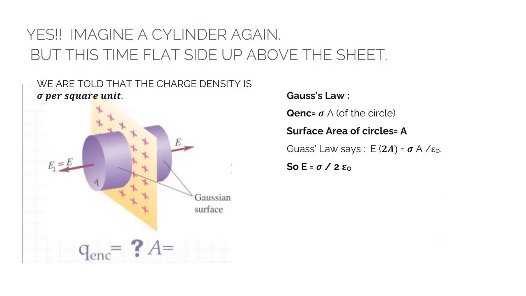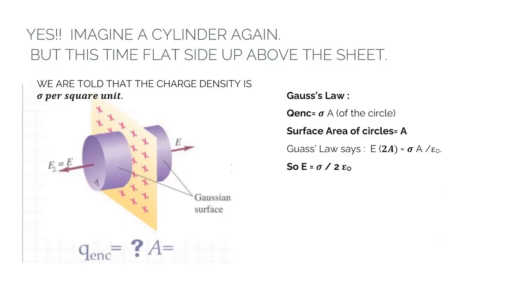Remember, there is no E field that points any other direction but straight through the circular flat top and bottom. So those are the areas we take. So the surface area, I'm going to call it A, and there are two of them. So that's going to be 2 times A times E. That's the flux. The angle, again, is 0 because they are perpendicular.